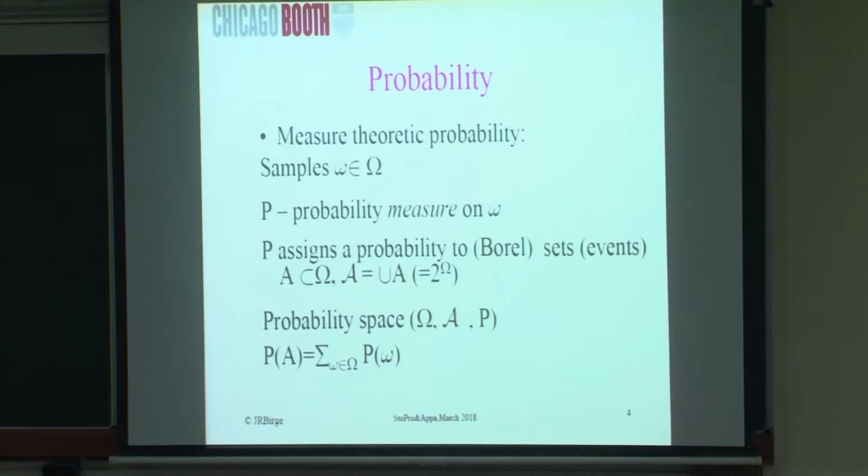So as long as they're distinct, you can add them up, and then that gives you whatever that should be, A. These omegas are in A. Then you get the probability of that A.